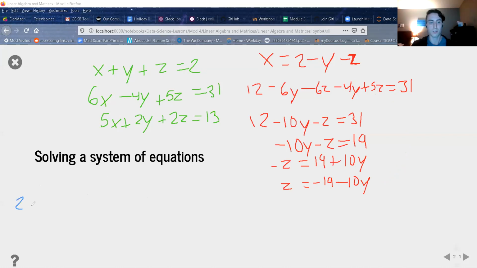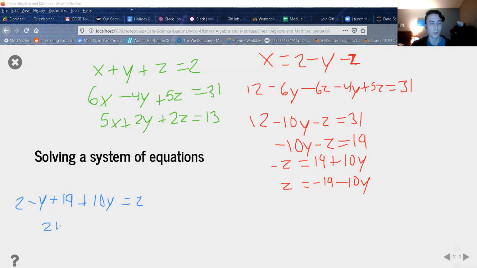Well, if we plug in x, then x has a z in it. So we would have 2 minus y, and then we're going to minus a z, which z is this. So it's actually plus 19 plus 10y equals 2. And we just have to solve here.